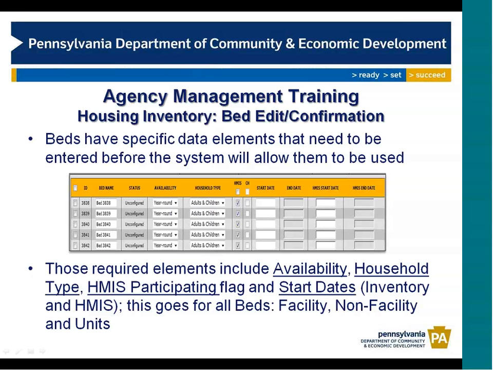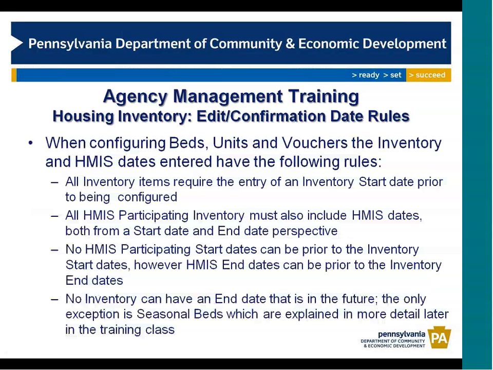Of course, you can change any of this information after the fact, but those are the basic 2 steps. Now, with the dates, we just want to go over some general date rules for when you are doing the second step of configuration. And this is for either new beds, new items or existing items.